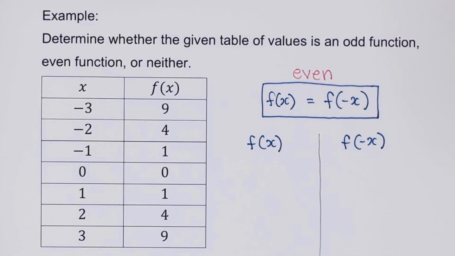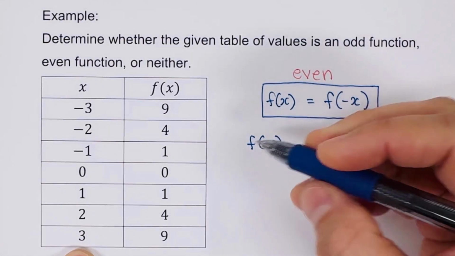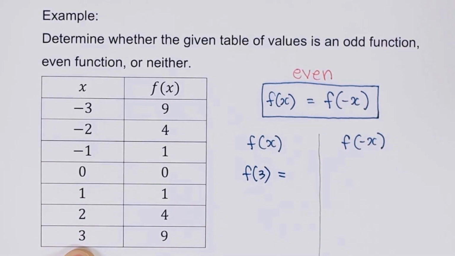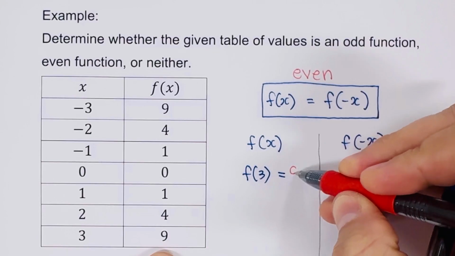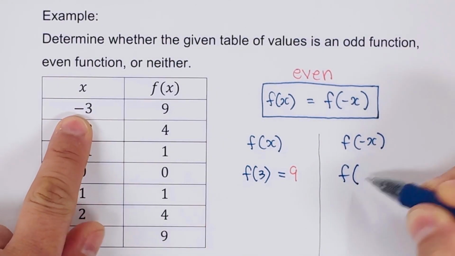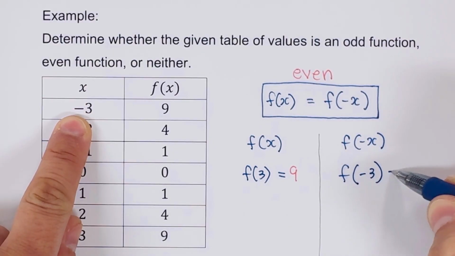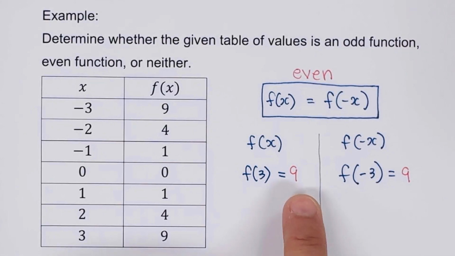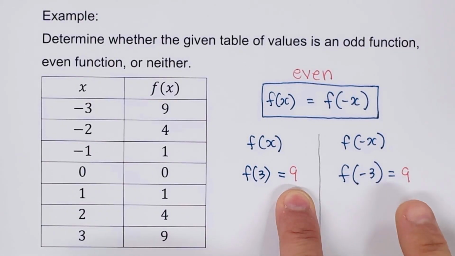If we take f of 3, which is our f of x, the positive x, the value for this is 9. And if we take f of negative 3, the value for this is also 9. So if you notice, f of x and f of negative x are equal, which is a value of 9. And that is the definition of an even function.